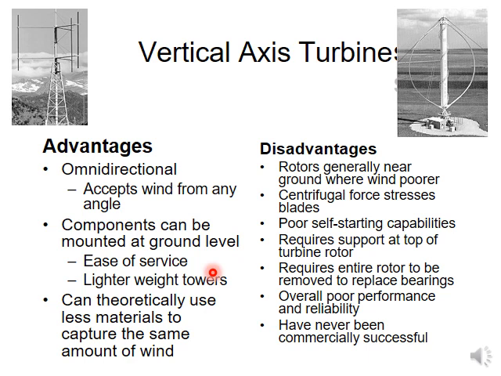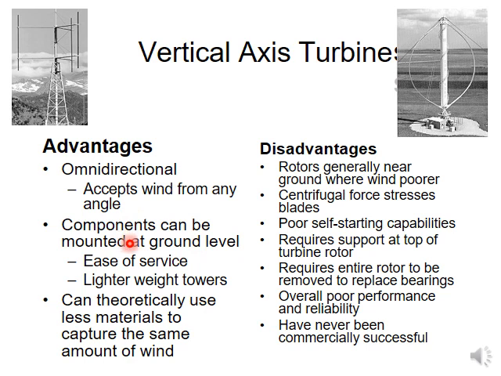That means it accepts wind from any angle. A horizontal axis turbine will have one direction in the horizontal direction, but a vertical rotor accepts wind from any direction since the blades are in such a way that they receive wind energy from any direction.